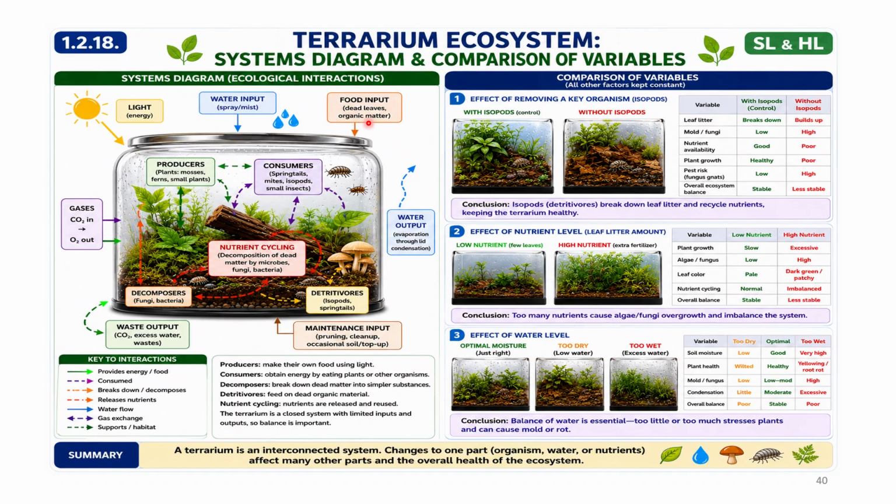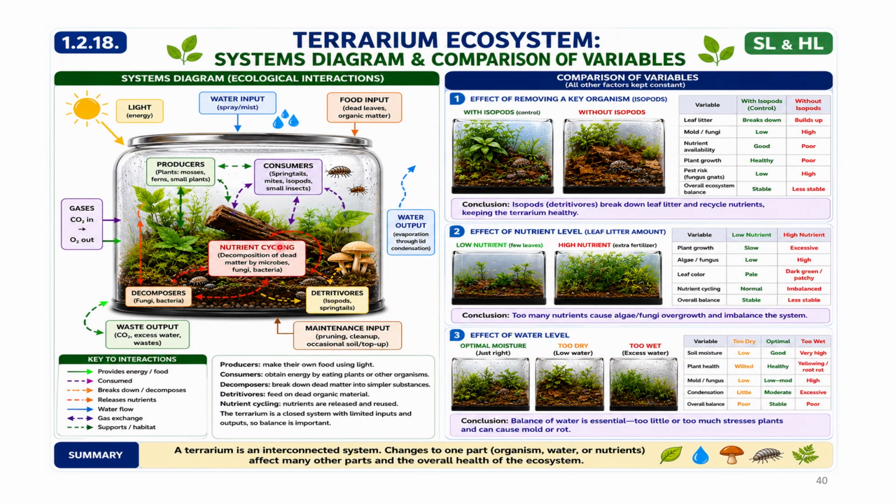Now, let's explore a terrarium ecosystem, a self-contained model that demonstrates how living organisms interact with their physical environment. Producers such as mosses, ferns, and small plants capture light energy through photosynthesis, while consumers and detritivores, including isopods and springtails, feed on organic matter.